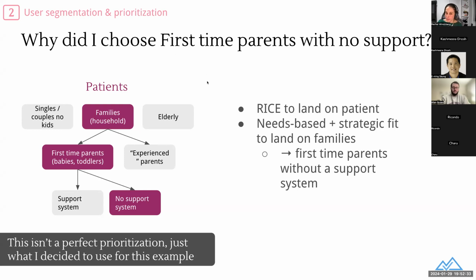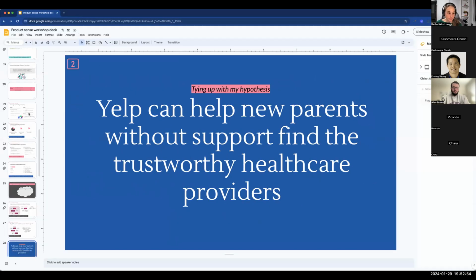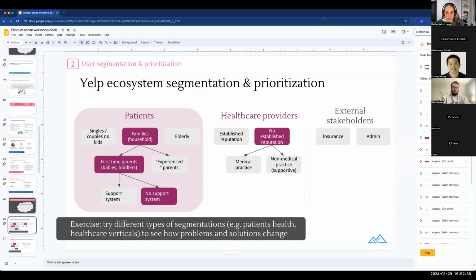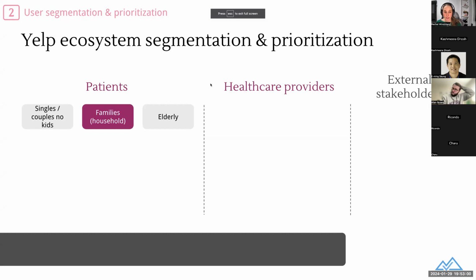In this kind of marketplace, both sides are a positive reinforcement for each other. The more patients you have, the more healthcare providers you will have, and the more healthcare providers you have, the more patients on the platform. Correct. So with both being equally important to have growth on both sides, how do you choose only patients over healthcare providers when you are coming up with a solution?